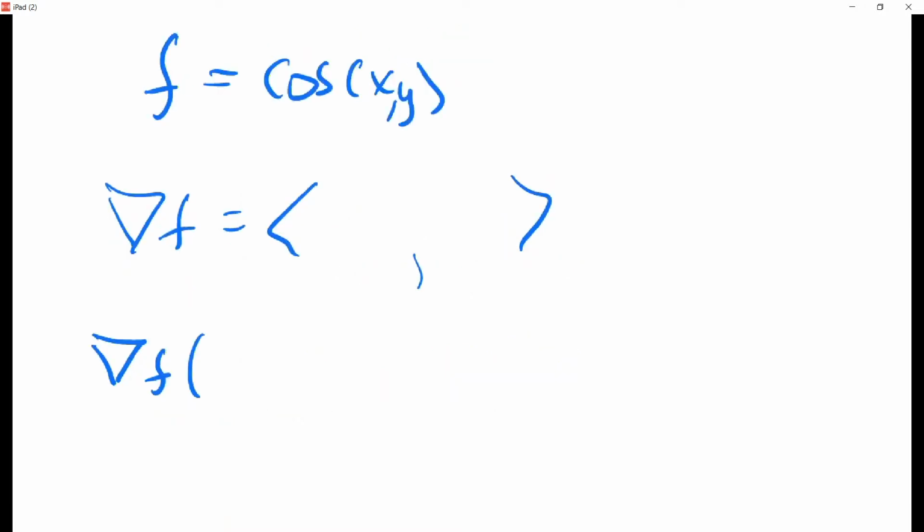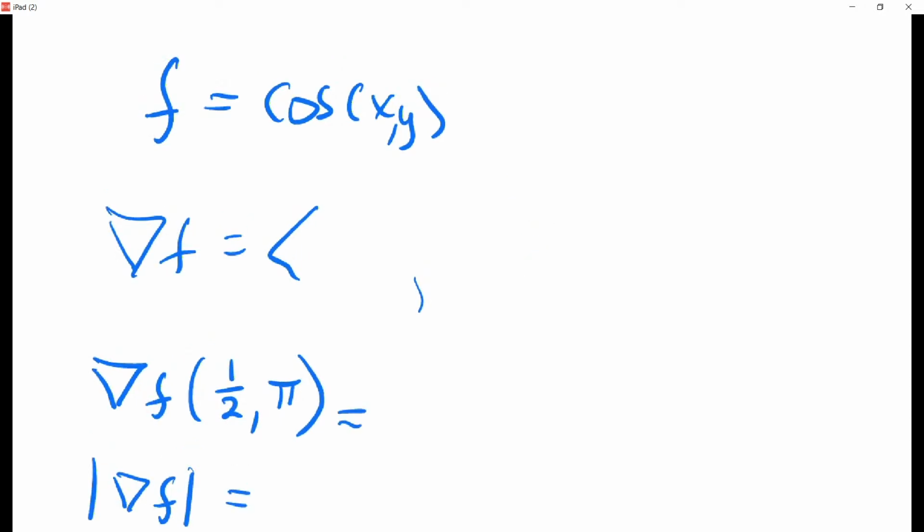Let's make it interesting. At the point 1/2, pi, I want to know the magnitude of that gradient. All right, so we need our derivatives first. So do your derivatives.